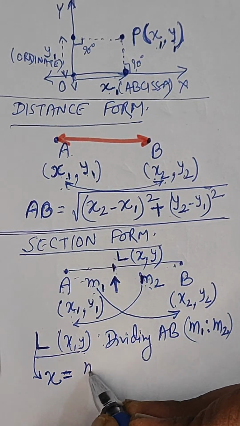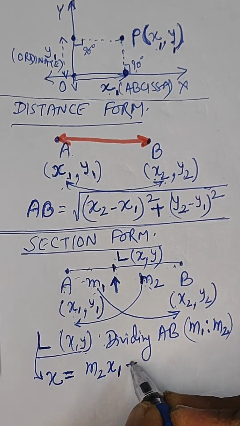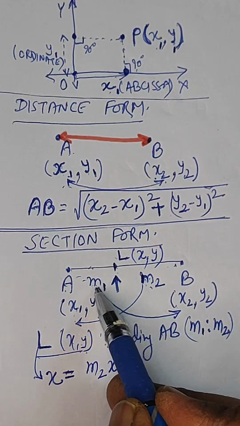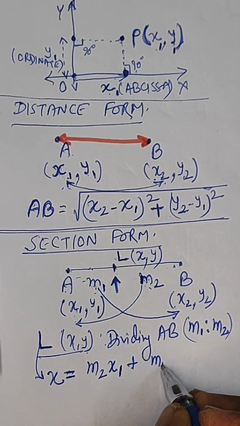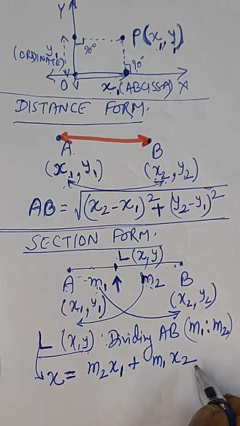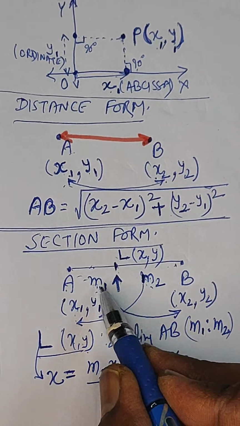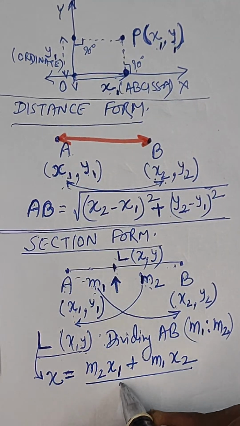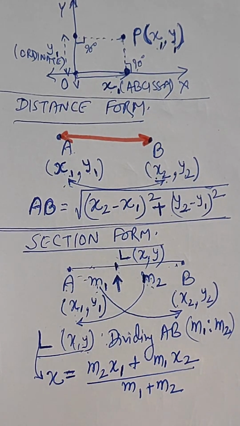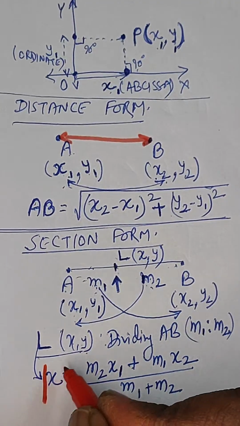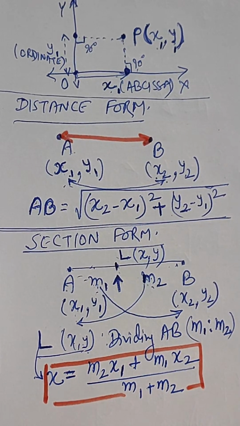Then it will be m2 into x1, right, plus m1 into x2, whole divided by m1 plus m2. This will be the x coordinate, right?